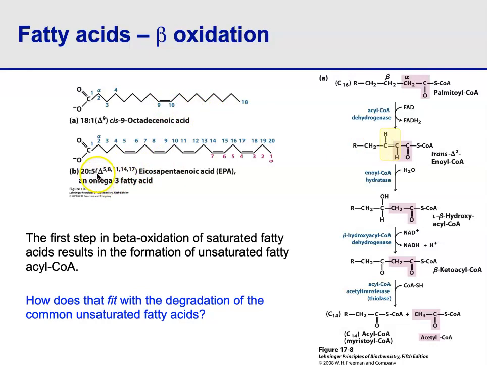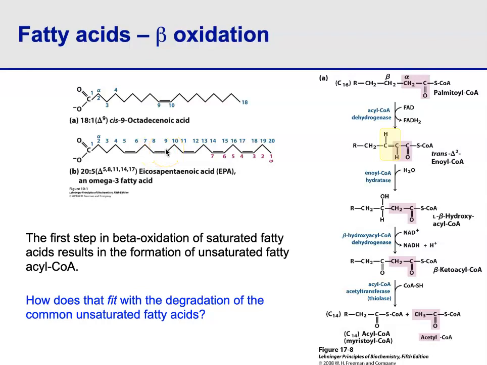And notice all these deltas are odd number carbons. There are some that are even numbers, but most of them are 9, especially the most common one, oleic acid. And this is an even number, and it's trans. All these are cis, whether it's an odd or even carbon, they're all cis.